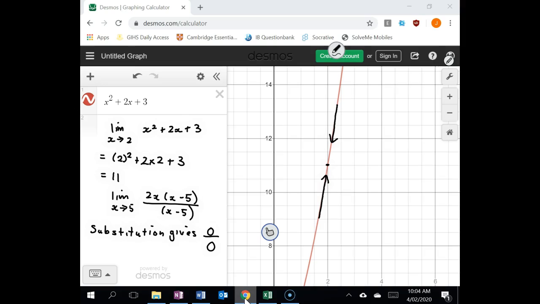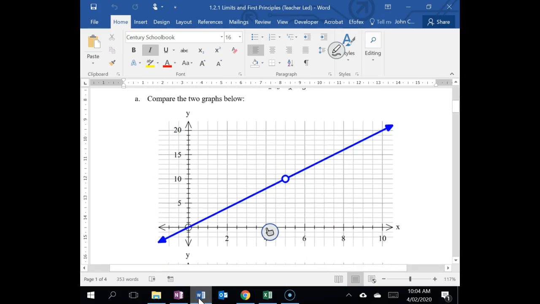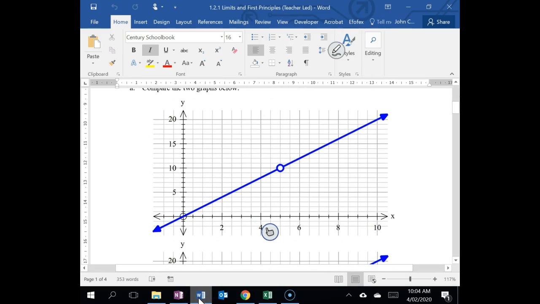Well, let's go back to the graph. This is what the graph of 2 times (x take 5) over (x take 5) looks like. We have a spot missing here at 5. And the reason we have a spot missing there is because that value of the function is 0 on 0. It can't assign a value to that point.